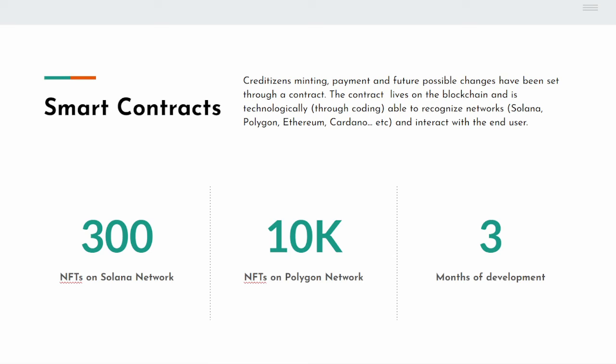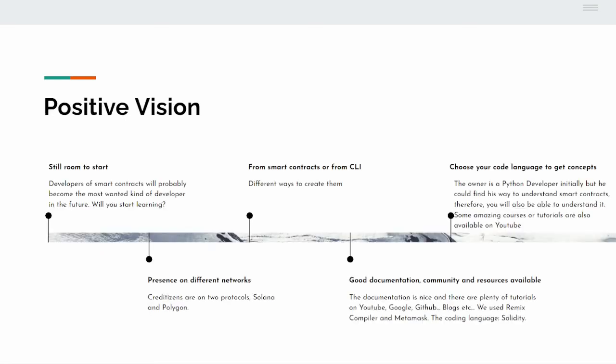This is just some numbers around Creditizens, which is minting payments, and the features have all been set through a contract. It's called the smart contract.